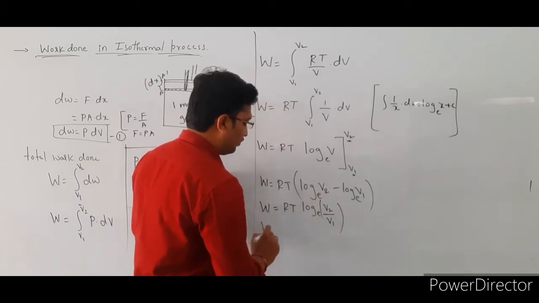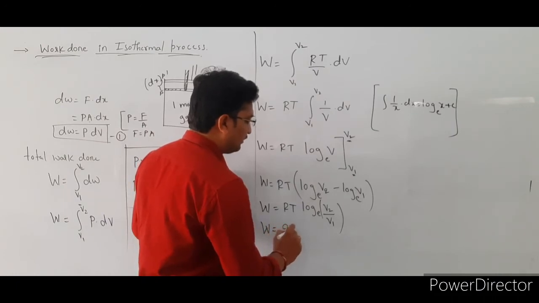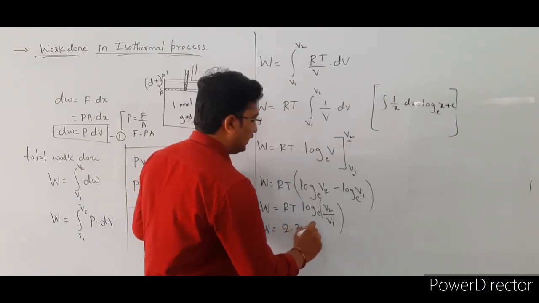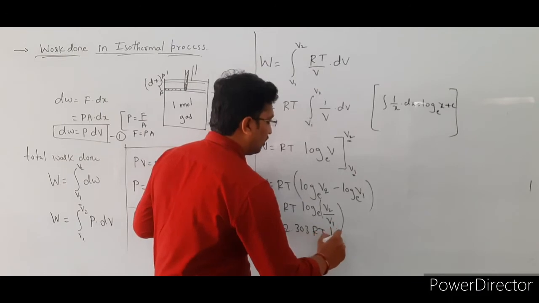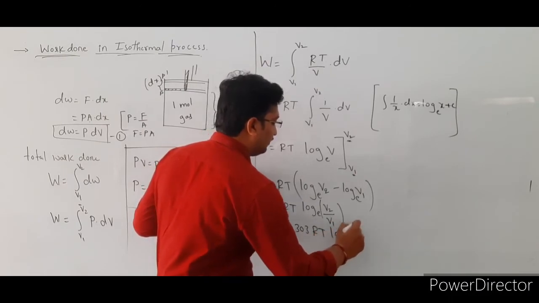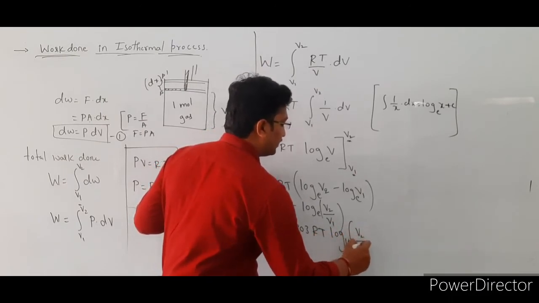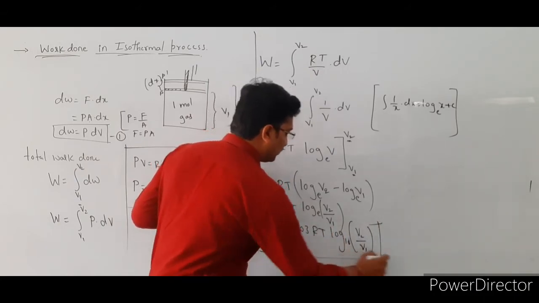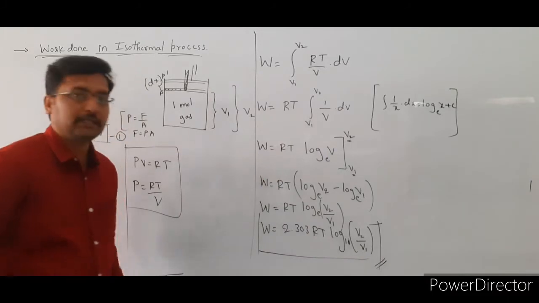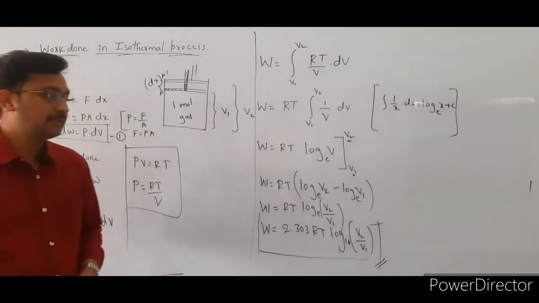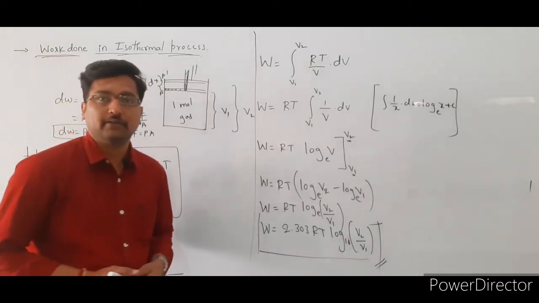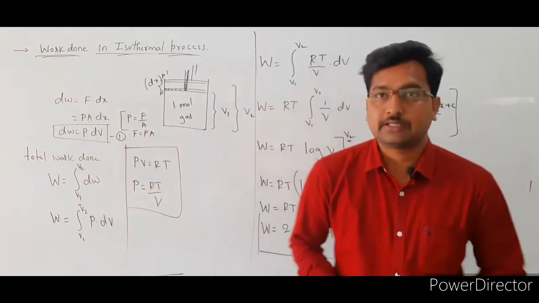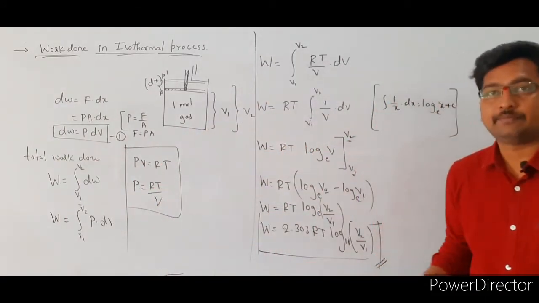For that we have to multiply by a constant term, that is 2.303 RT log base 10 V2 by V1. So this is the final result, that is W is equal to 2.303 RT log base 10 V2 by V1. So this is the final expression, right?